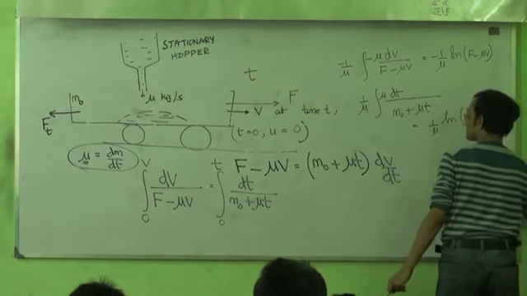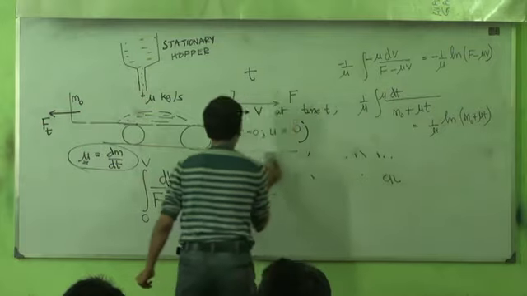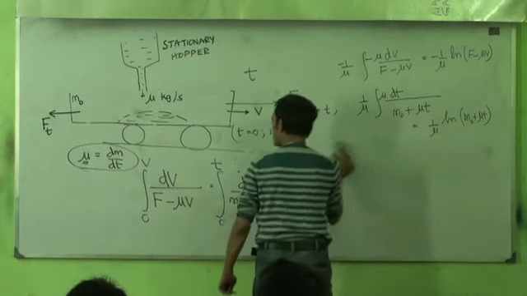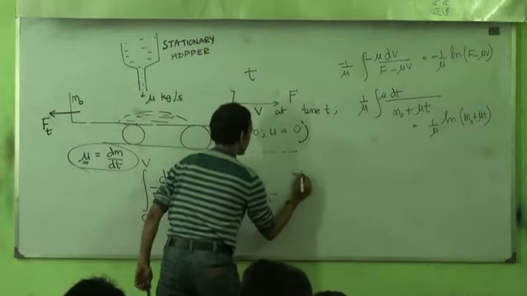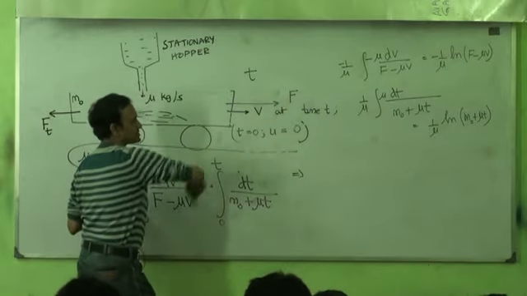Now what I do is apply the limits. Mu and mu will get cancelled from both sides when you integrate.